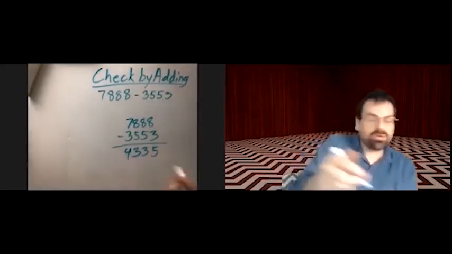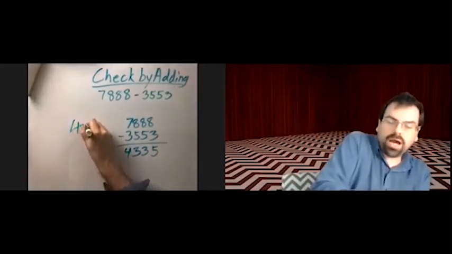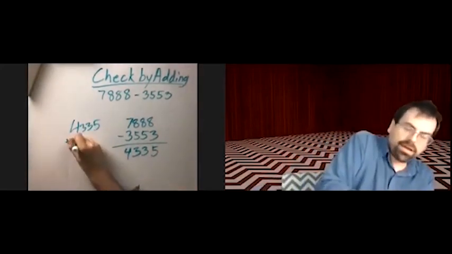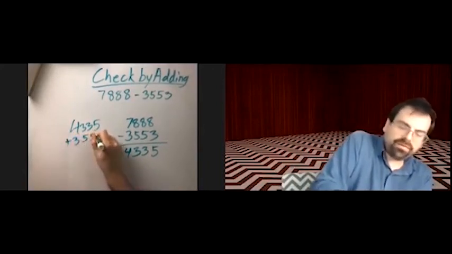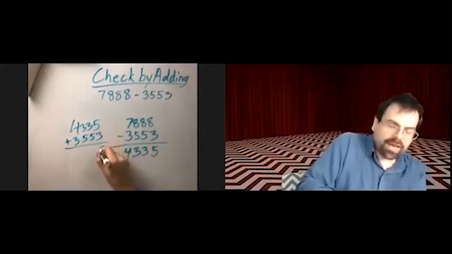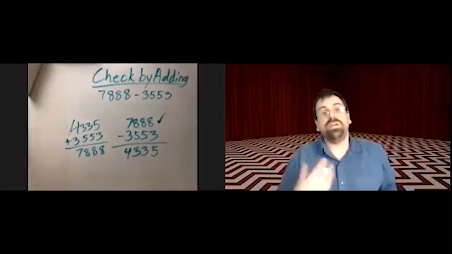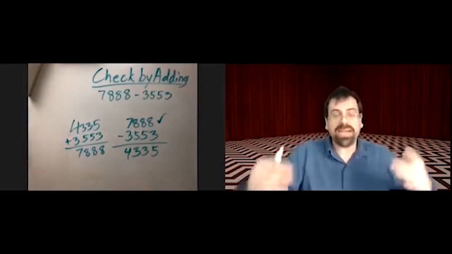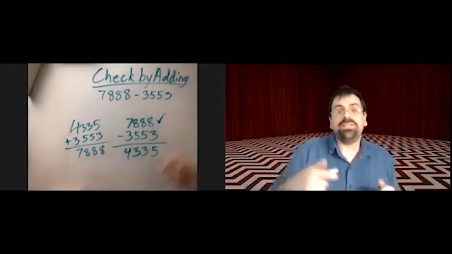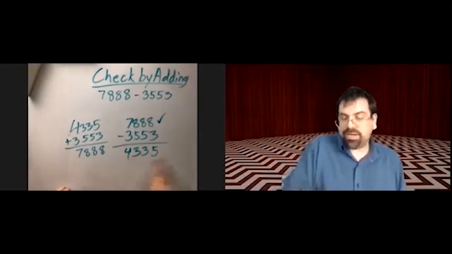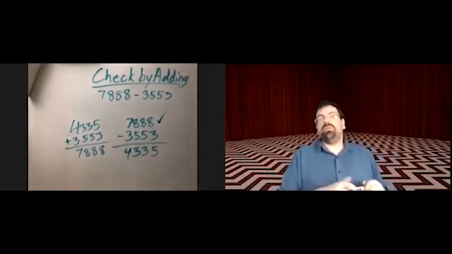So take the result you got and add back the thing you took away. 3, 5, 5, 3. And if we add, we get 8, 8, 8, 7, which is what we started with. The fact that we checked by adding and got what we started with means that we know before we're even graded 100% we were right.